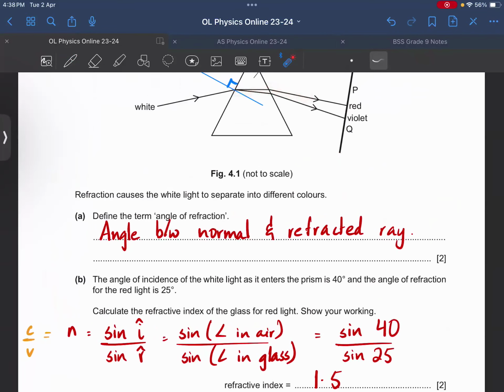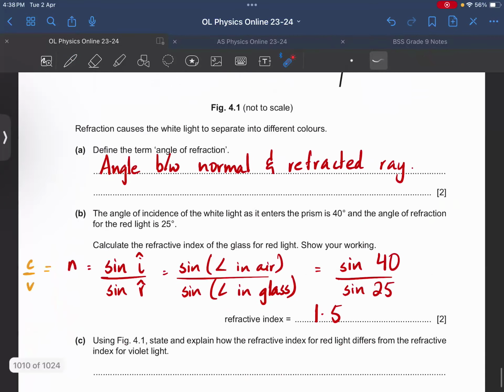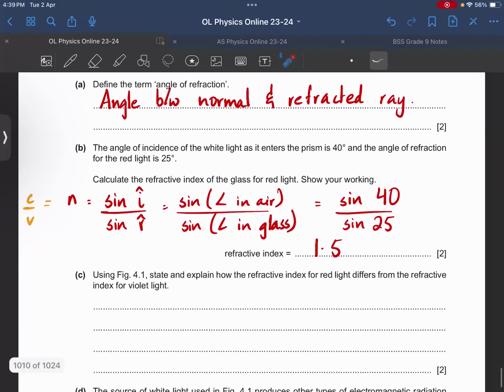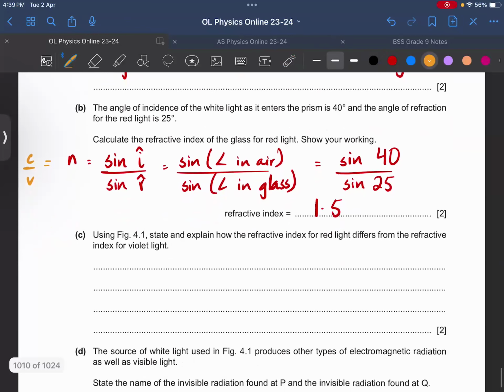Is because red slow down कम होता है, ठीक है। What slows down more also bends more. सो इसकी अगर हम बात करेंगे red के लिए, तो इसका v बड़ा है, सही है, और इसका n जो है छोटा होगा again. तो ये, so two different reasonings again give you the same answer. You can write either one of these.